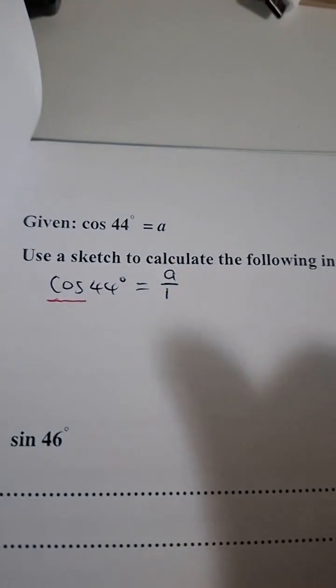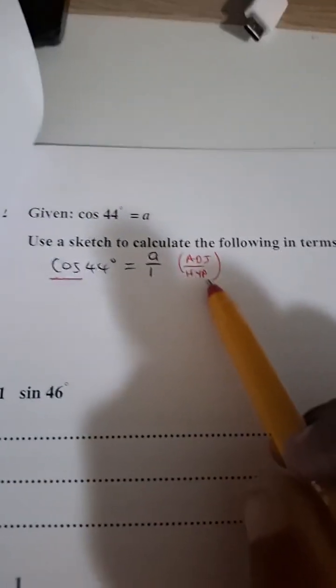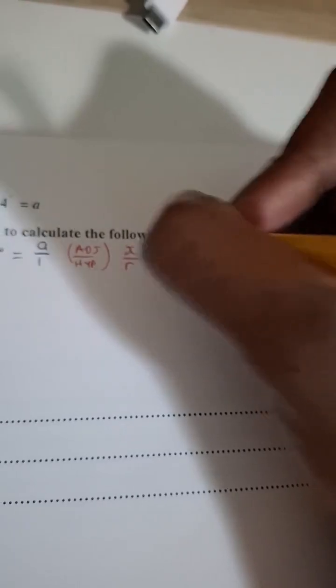Do we remember what the definition of cos is? It is adjacent over hypotenuse. That's in terms of a right angle triangle that you are given. But in terms of your Cartesian plane, it is x over r.